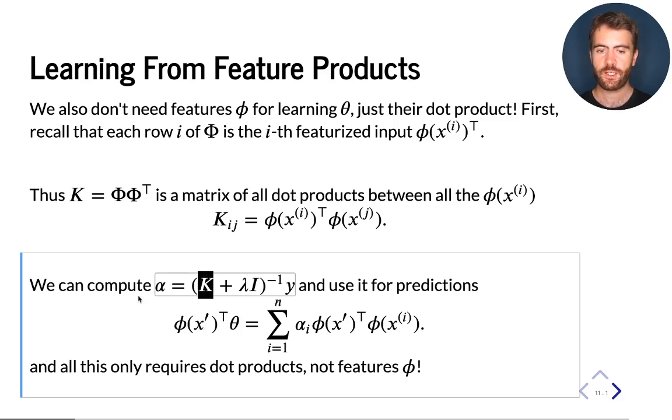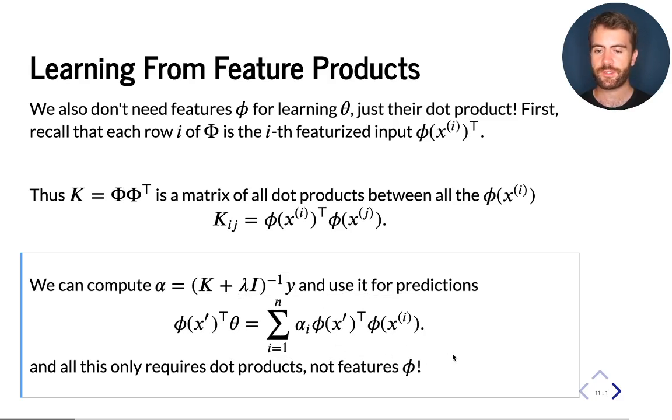In other words, given a new input x prime, I can first compute alpha, which only requires me to know the dot products. It doesn't require me to know what the features are. And then I can use it to make predictions using the formula that I had in my earlier slides.